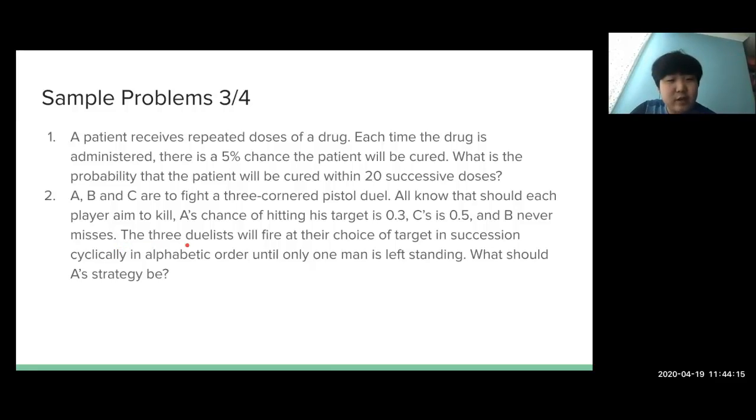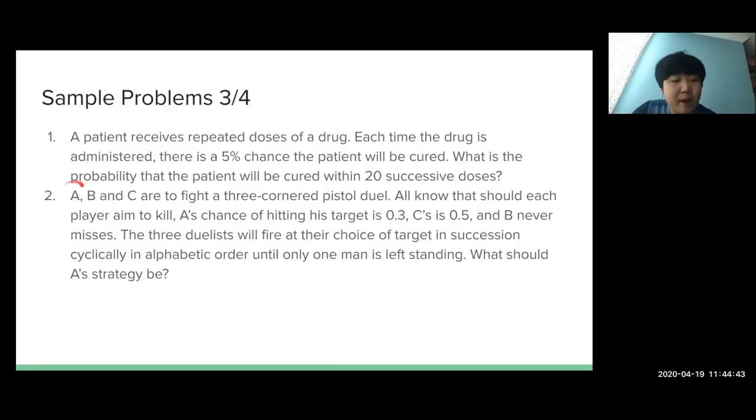Now, the 3 duelists are going to fire at their choice of target, so they can only choose one person to fire at, in succession, cyclically, in alphabetic order until only one man is left standing. What this means is that A is going to start by firing at either C or B, should he aim to kill. And then B is going to fire the same way, aiming to kill A or C. And C is going to fire in the same way.